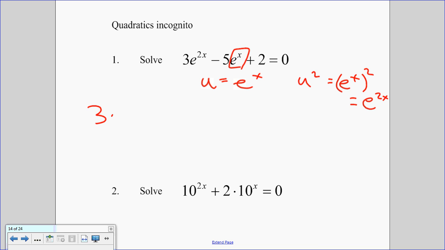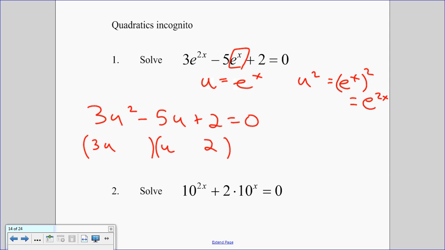We get 3u squared minus 5u plus 2 is 0. We're going to factor this if we have to. But since 3 and 2 are prime, there's nothing wrong with just doing trial and error. Let's see, I'm going to need a 2 here and a 1 there with a minus and a plus. Think that'll work? No, that doesn't work.